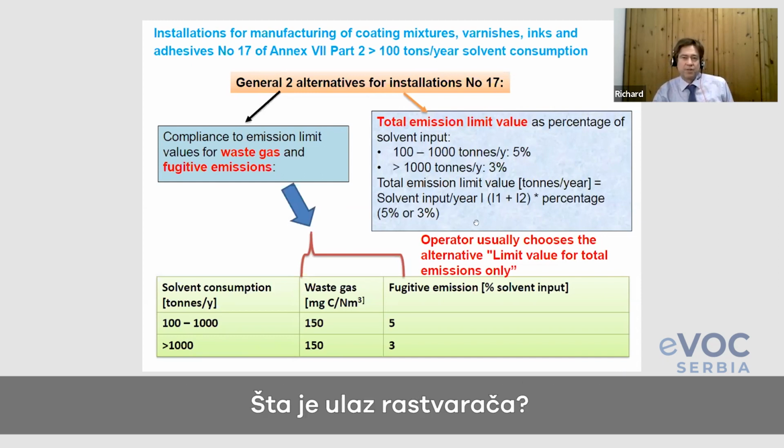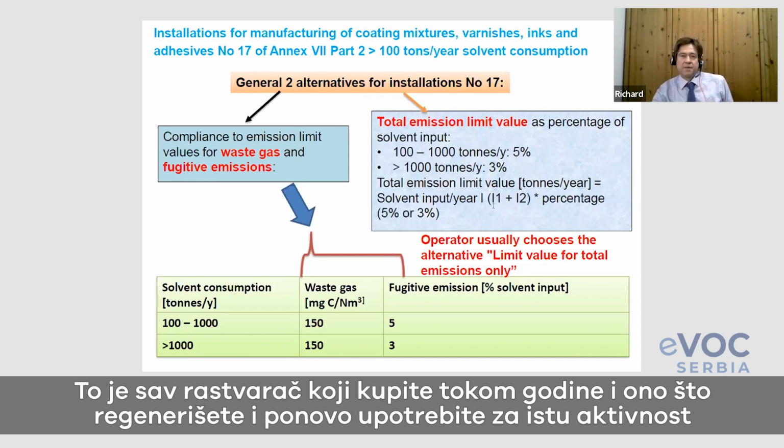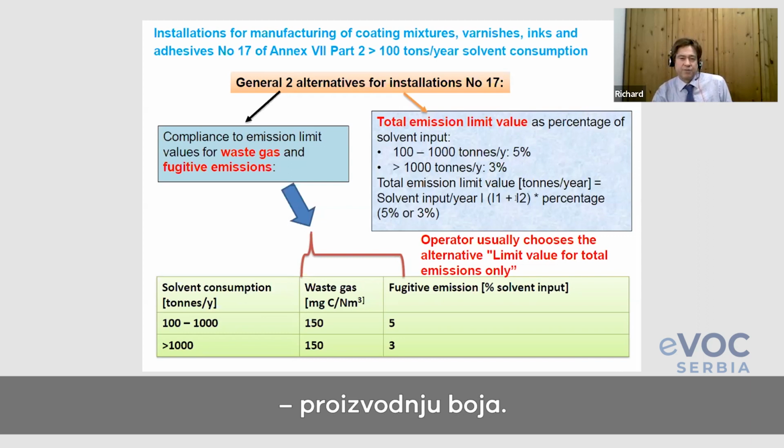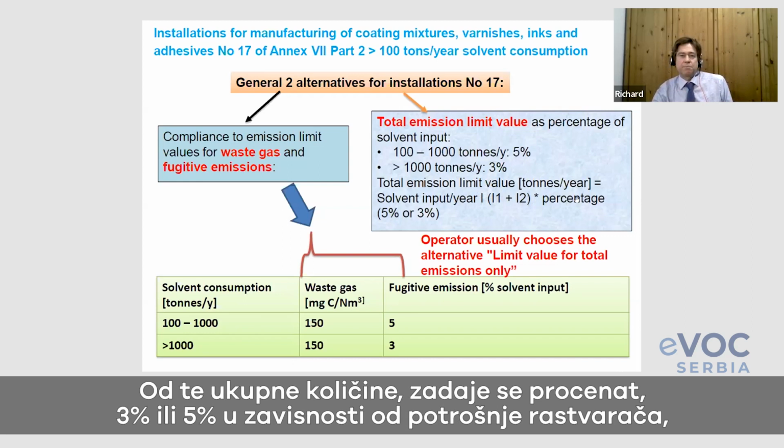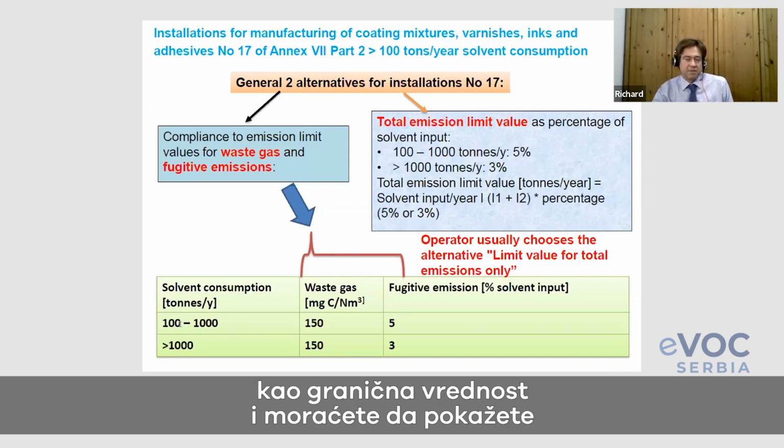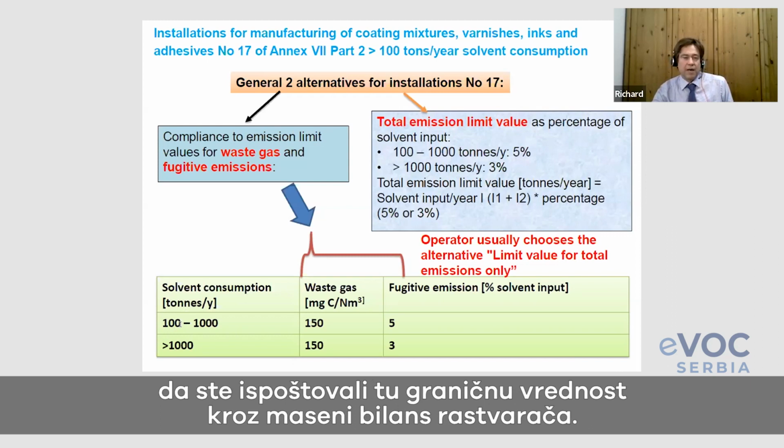And now, what is the solvent input? The solvent input is the total of what you buy in a year for solvent, and what you maybe recover and reuse for the same activities. That means for the activity manufacturing of paints. So from that total, that percentage, 5 or 3%, depending on the solvent consumption in tons, is then the limit value where you have to show compliance by setting up the solvent mass balance.